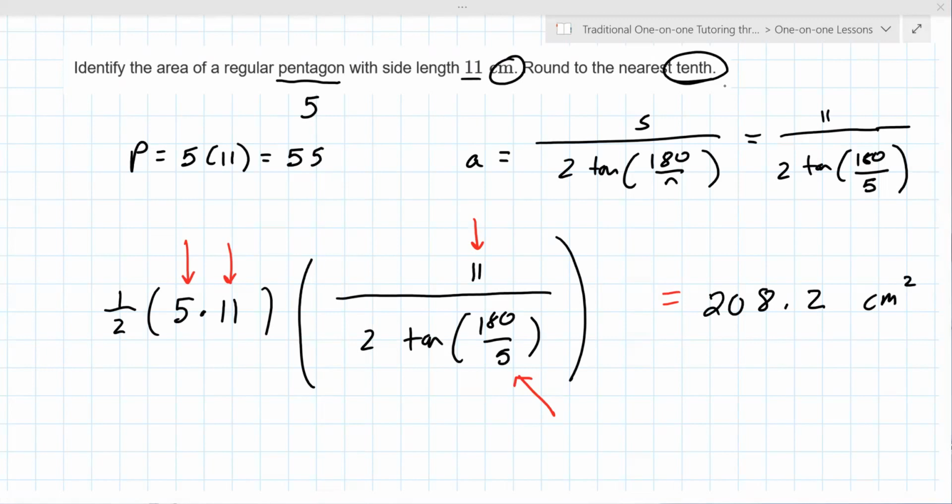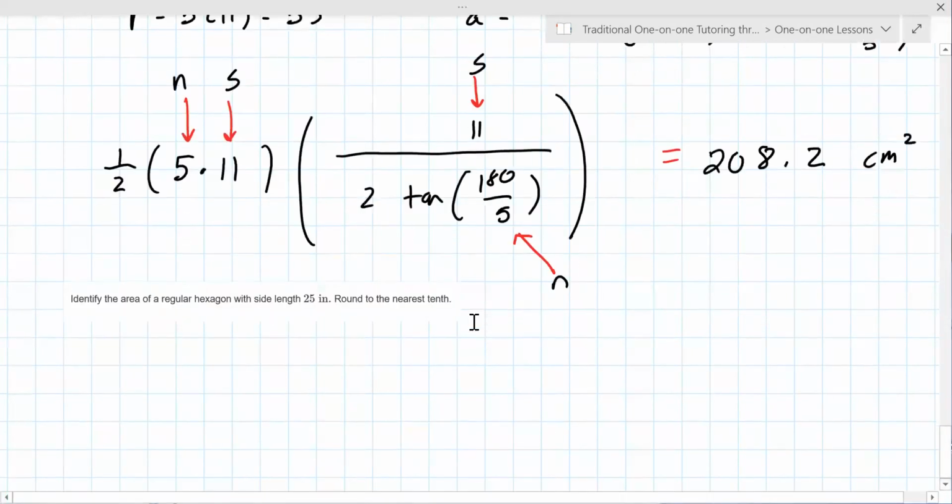For the next problem, do you see the red lines? This is n, the number of sides, S, and n. In the next problem, you're just going to change those numbers based on what we have here. You don't want to delete it all.